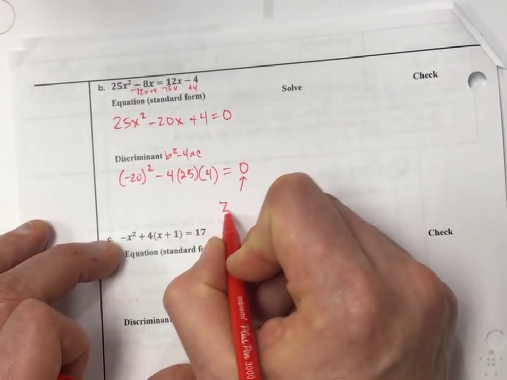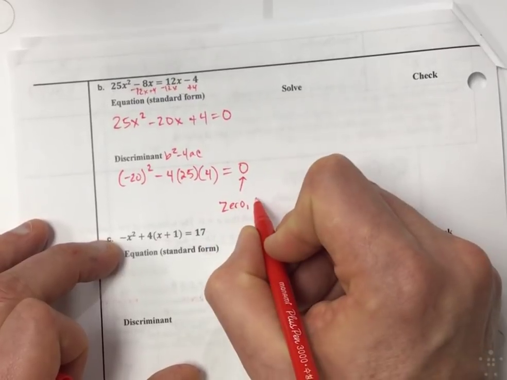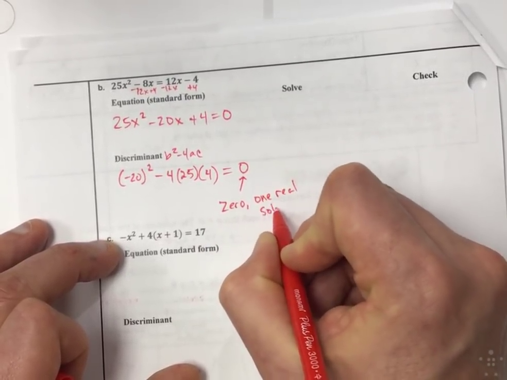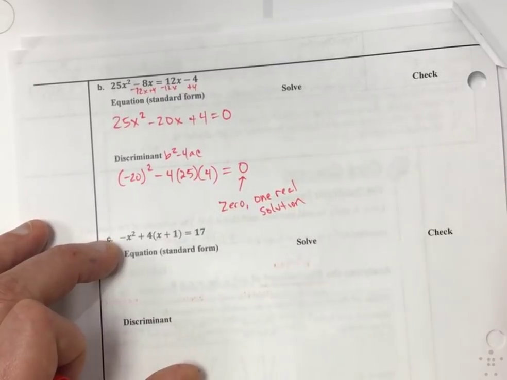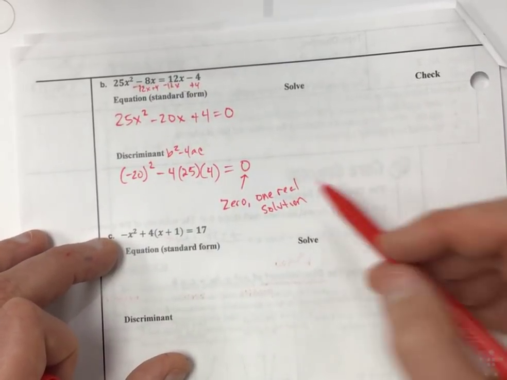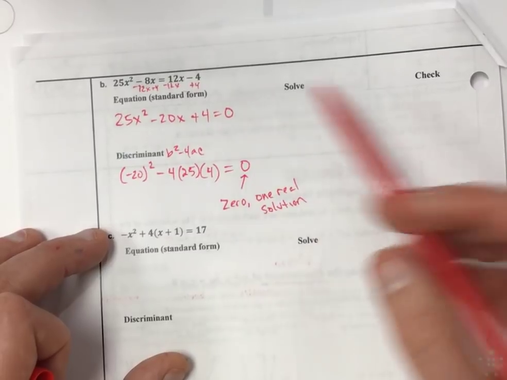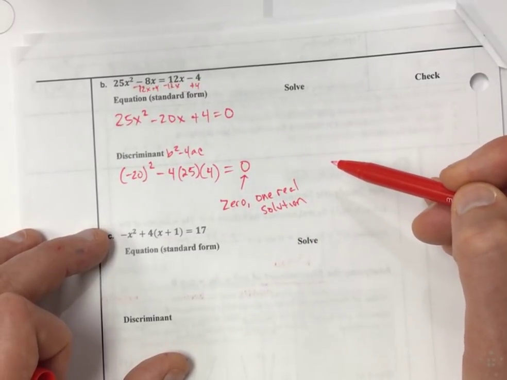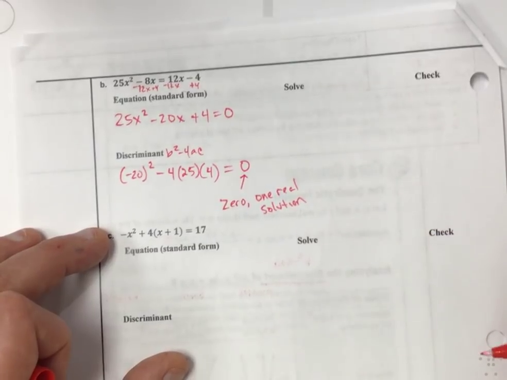So when my discriminant is 0, that means I will have 1 real solution. And I could confirm that. If I graphed it, my parabola would come down and the vertex would touch my x-axis and then bounce back up.